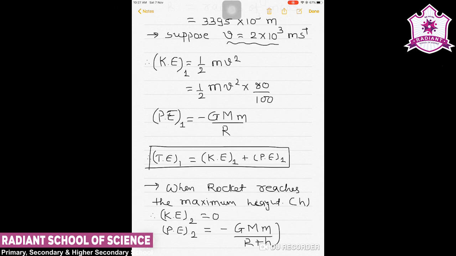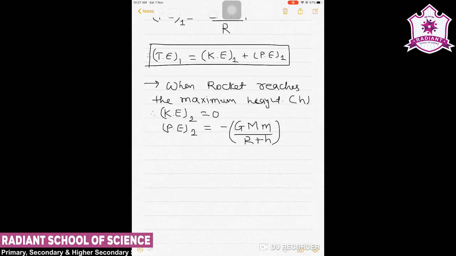So this will be its total energy at that time. So we can say total energy 2 is equal to kinetic energy 2 plus potential energy 2.